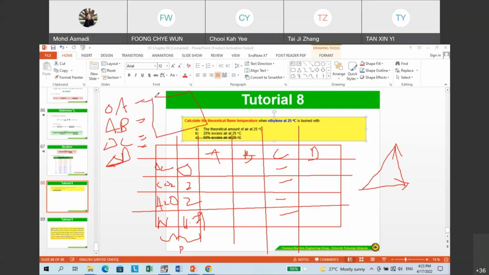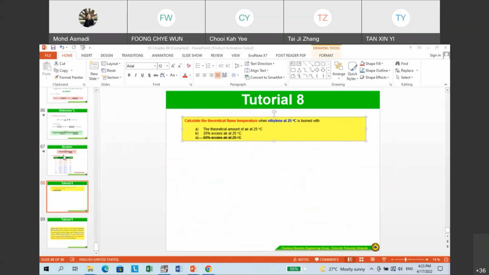So what's next? I'll show you. Once you determine delta A, delta B, delta C, and delta D, just follow this step.